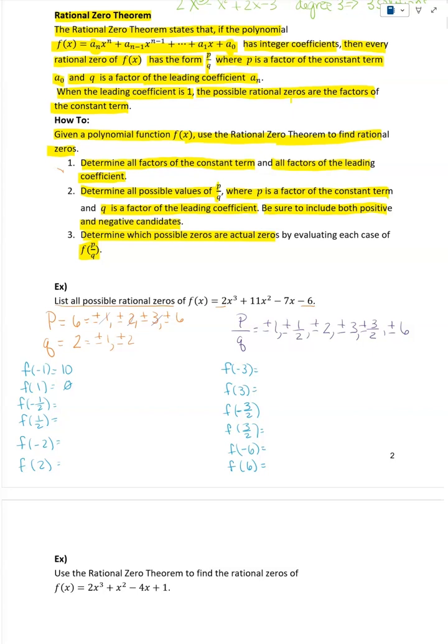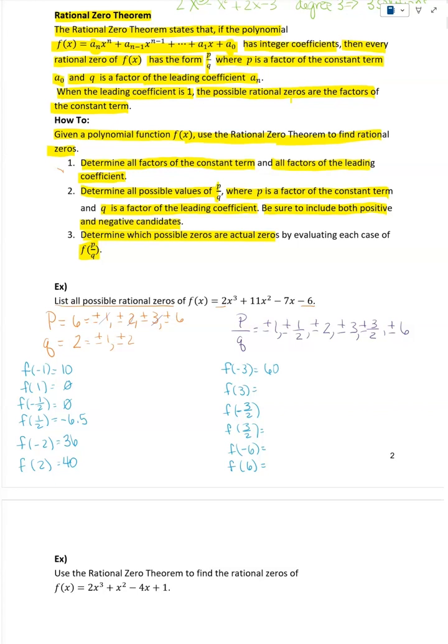Negative 1/2 gives me 0 as well. Positive 1/2 gave me negative 6.5. Negative 2 gave me 36. Please check these numbers in your calculator because I am human and do make mistakes. If I make a mistake, you can email me and let me know. Positive 2 gave me 40. Negative 3, I got 60.